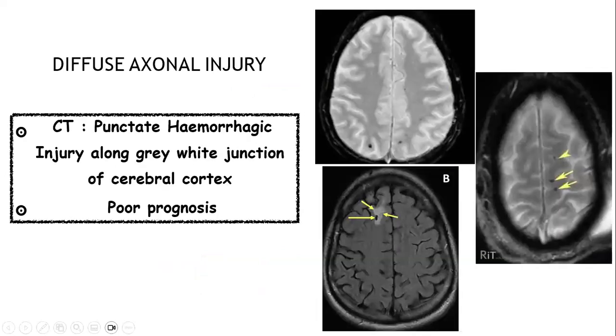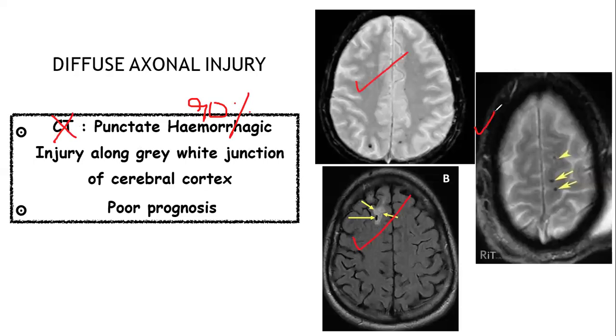Then comes diffuse axonal injury. Diffuse axonal injury has a very poor prognosis. Okay, on CT, punctate hemorrhages, most of the time, 90%, you do not have any finding on CT. So investigation of choice: what picture is this? Is this a picture of CT or any other modality?